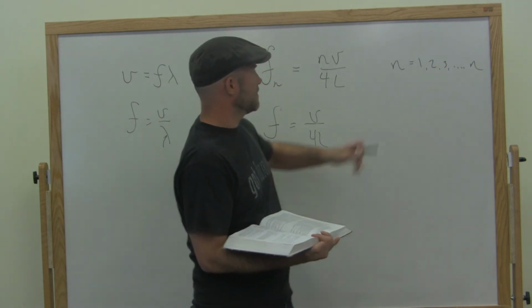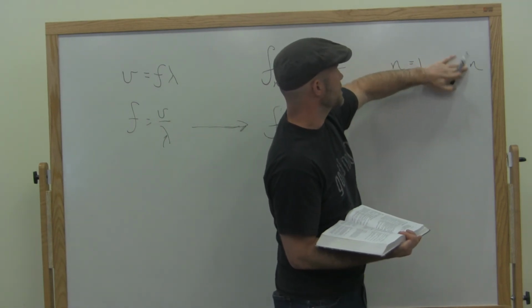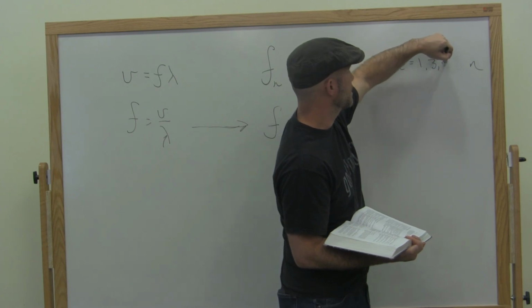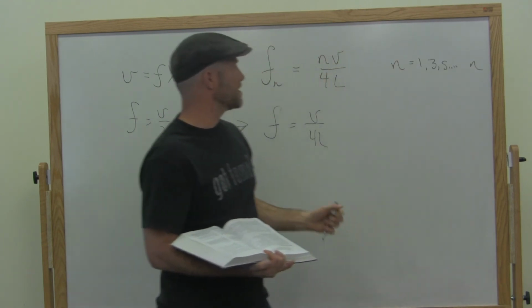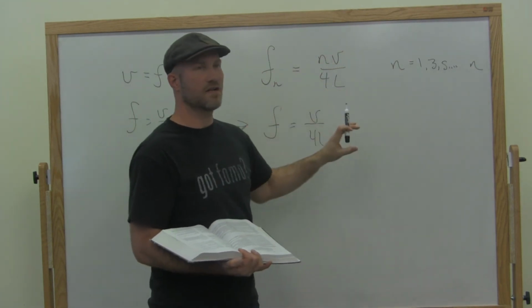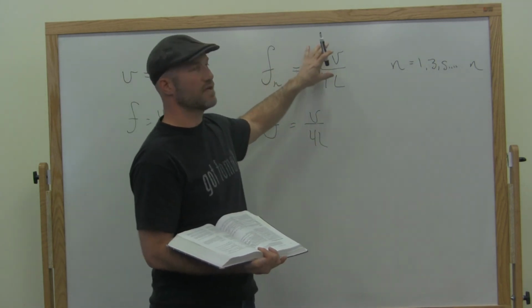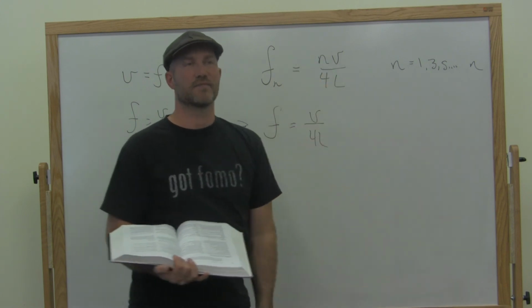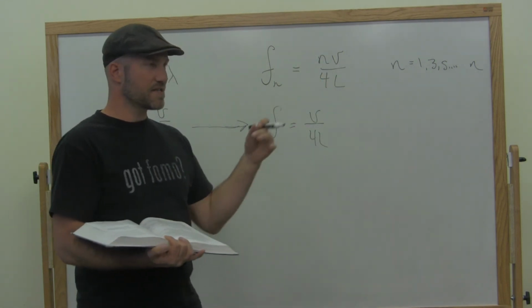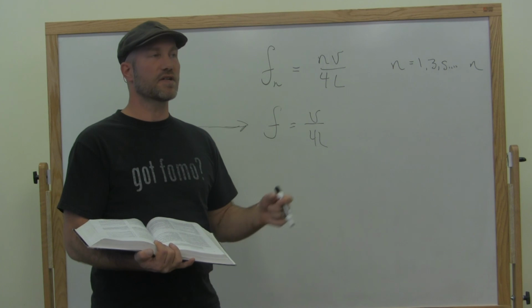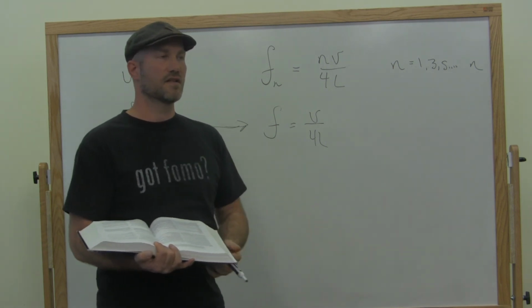I'm sorry, it's every odd. So there's no second, no fourth. You would say the first is 100, then the third would be 300, the fifth would be 500, etc. What happens is those even integer harmonics don't exist with a tube closed at one end.